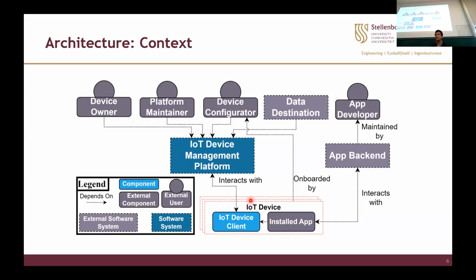As mentioned, we're thinking of tens of thousands of IoT devices, and each of them will have various different types of use cases, and that heterogeneity is what we're aiming to support. Each device will have an application installed on the device to support a stakeholder's use case, and these applications interact with an externally maintained backend, similar to the apps on your smartphone.